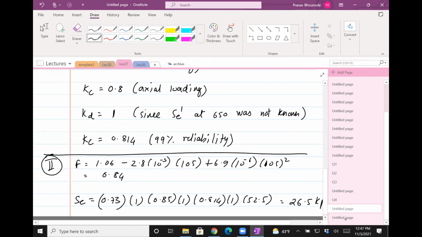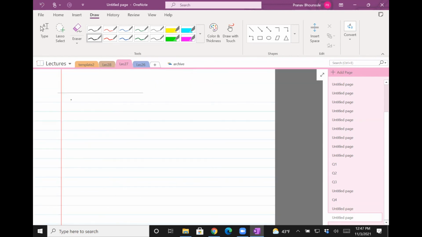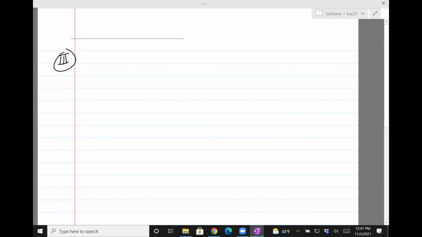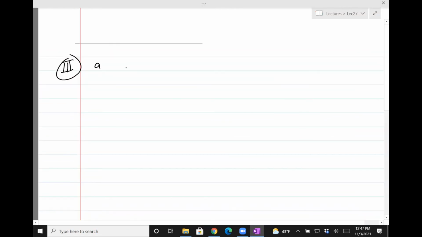And finally, we need to find A and B, the third set. A is F SUT squared divided by SC. So that's 0.84 times 105, this is the strength at 650 Fahrenheit, squared, divided by 26.5.